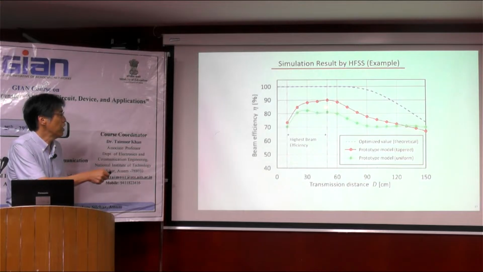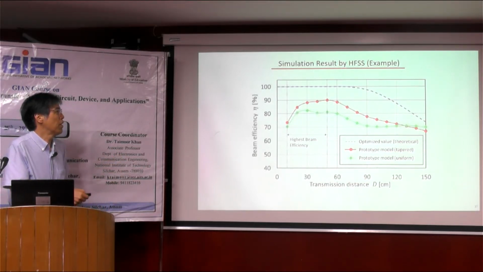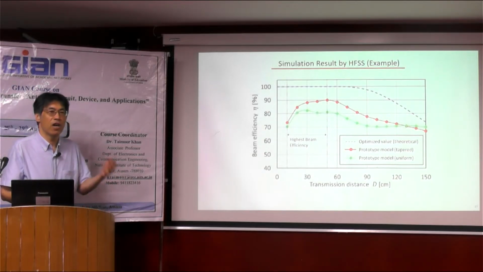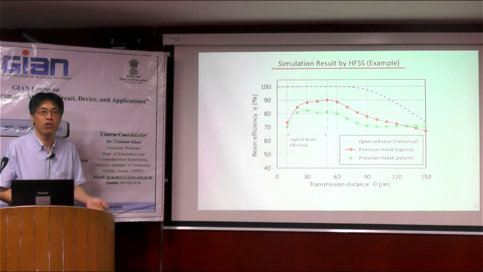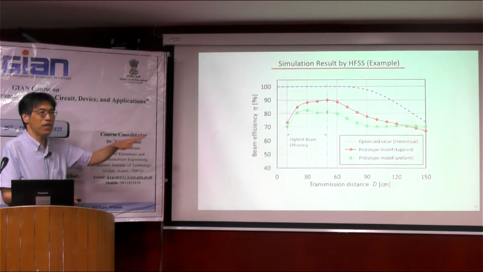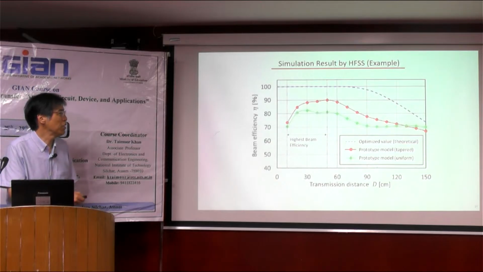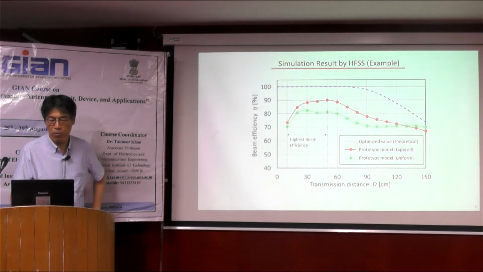Here you can see efficiency becomes a little bit higher. So this is one evidence: if we apply the amplitude tapering, we can increase the beam efficiency at a radiative near field distance. And here you can see efficiency decreases. This is evidence of the electromagnetic coupling. So this is a very interesting simulation result showing increased beam efficiency by amplitude tapering.